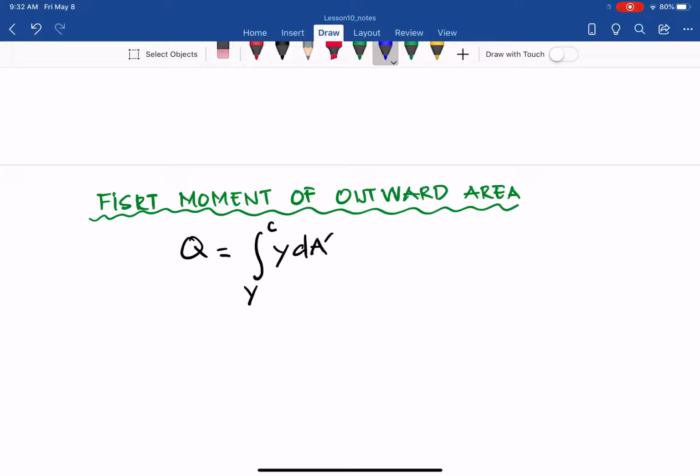So for regular shapes, how can we find Q, since we don't want to deal with the integral?